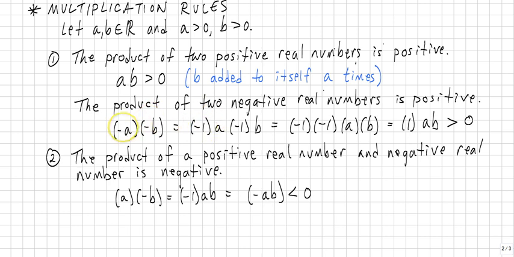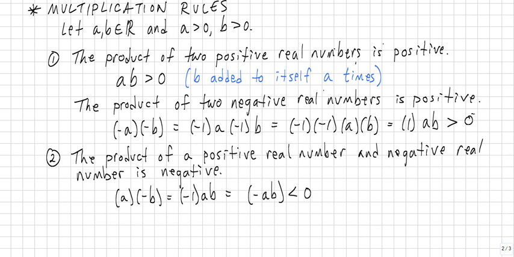I can write those negative signs as negative 1 times A and negative 1 times B. And then since multiplication is commutative, I can write it as negative 1 times negative 1 times A times B. Well, when you take any real number times negative 1, you just get the opposite, which is positive 1. And positive 1 times positive A times positive B, those are all positive, so you'll end up with a positive product. So multiply two negative real numbers together, you get a positive real number.